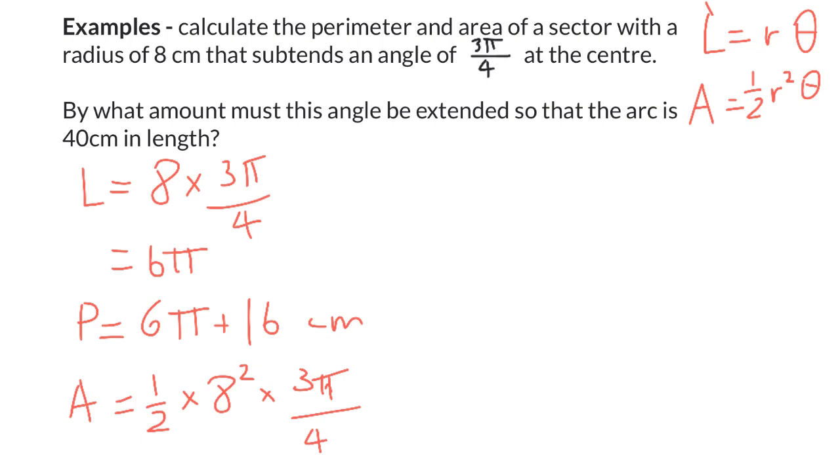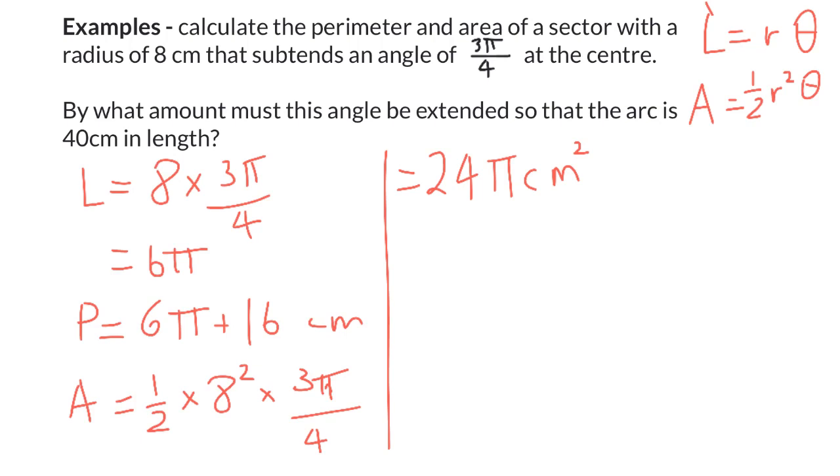And my answer there ends up being 24 pi centimeters squared. Okay, now that's a little bit less than 80 centimeters squared, but I don't really want that answer. I want it as an exact value. Exact value always if I can.